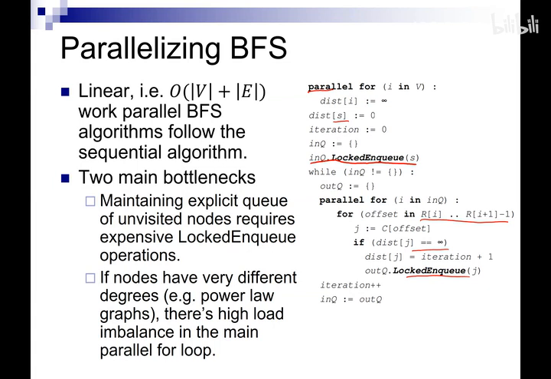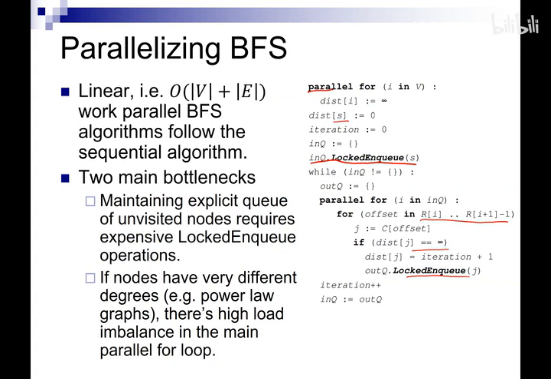Now this algorithm is going to work, but there are two big performance bottlenecks. The first one is that since we're using the queue and we have to lock it, this locking operation is very expensive, and it's going to really hurt the parallelism of the algorithm, because you can only have one thread lock at a time.